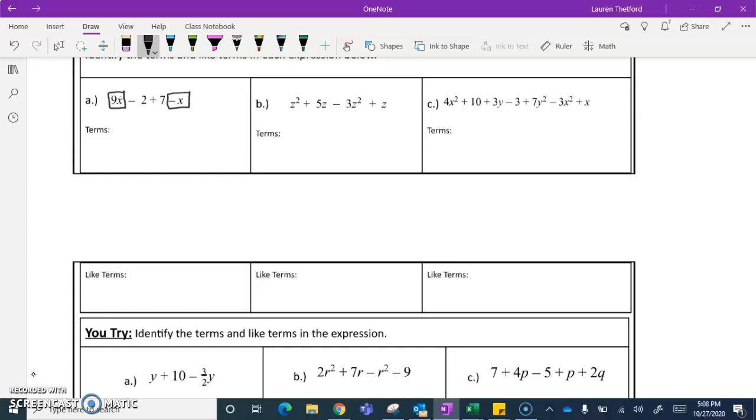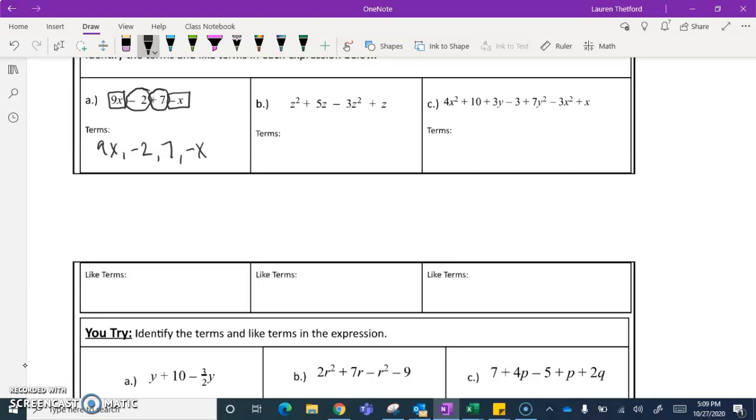So we have terms first, which would be 9x, -2. This is what I would circle because it doesn't have a variable. And I'd also circle this one because it doesn't have a variable. So anything that's separated by an addition or subtraction sign is a term. So we have 9x, -2, 7 because it's positive, because there's that plus in front of it, and then -x.